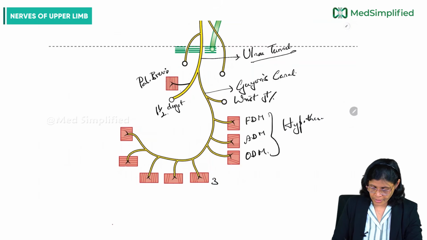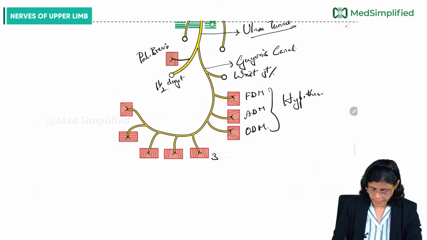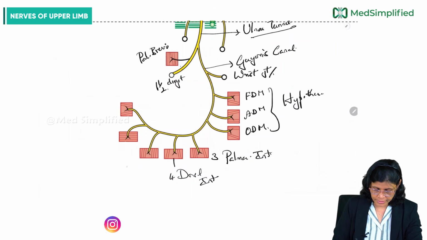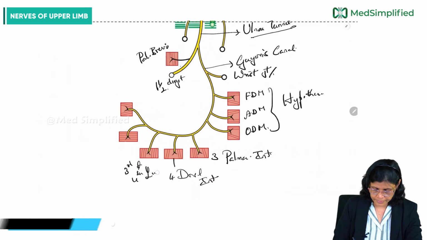The 3 palmar interossei muscles, the dorsal interossei muscles, the medial 2 lumbricals, that is the 3rd and 4th lumbricals.